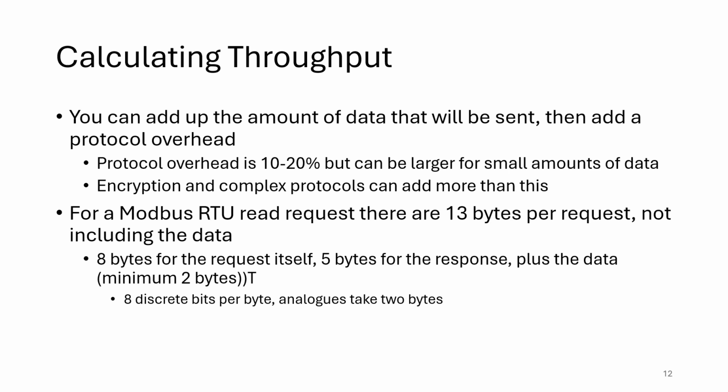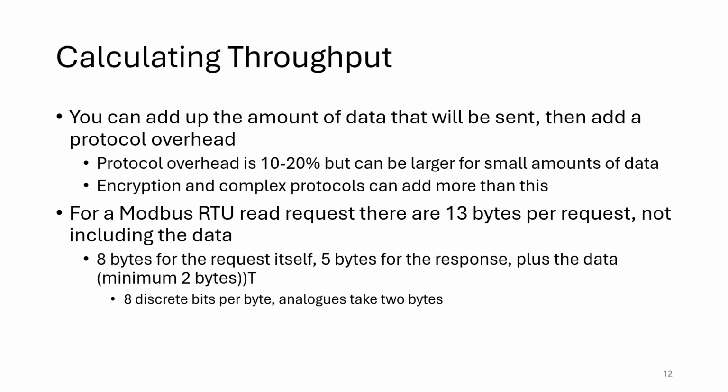For example, if you're doing Modbus RTU, a simple serial read request, there are 13 bytes of overhead in the request, and then you get the result. So that's 13 bytes plus whatever your actual data payload is. Now, if you're requesting, say, 10 bytes, that would mean you've got a 23 byte message, of which 13 bytes would be the protocol overhead. So that's quite significant.